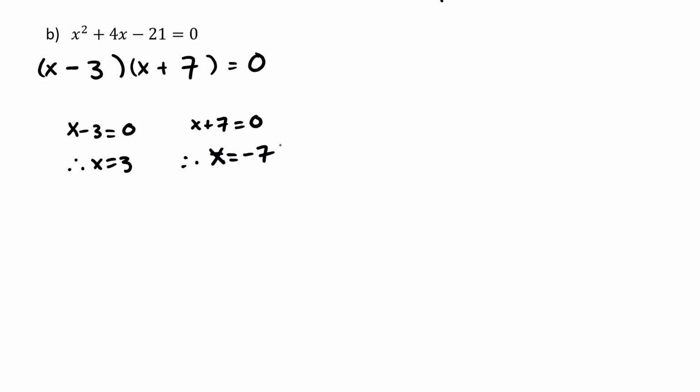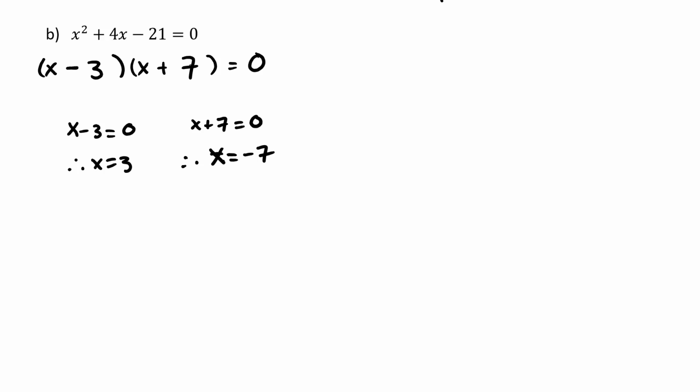Now I hope that you guys get to a point where you can just look at this and say, oh, x equals positive 3 and x equals negative 7. Now might not be that time. You might need to write it out a little bit just to jog your memory on how to do it. But you can absolutely go from this step here to x equals positive 3 and x equals negative 7.